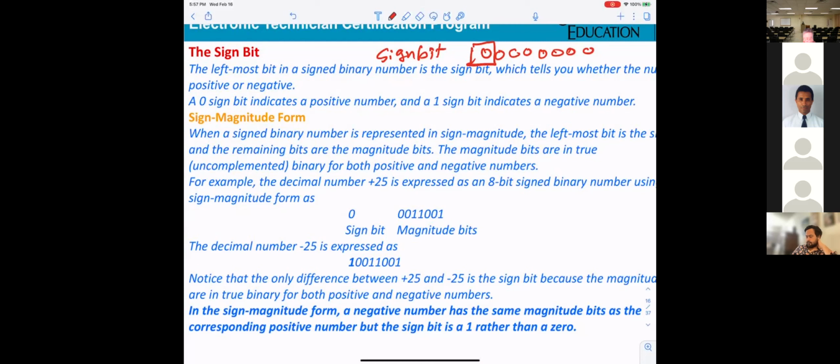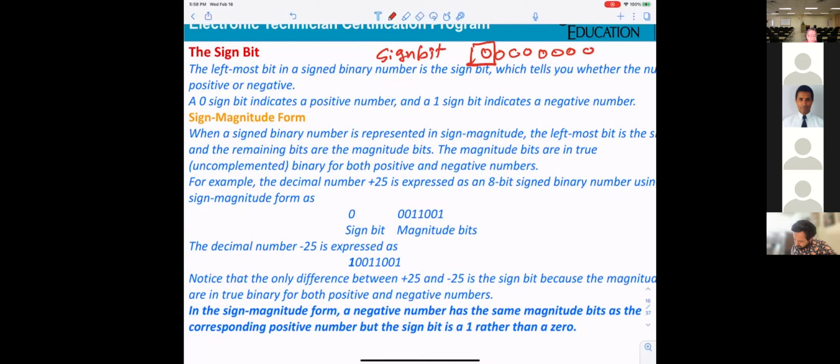What is the value? If it is 0, that's telling you the number is positive. If it is 1, the number will be negative.